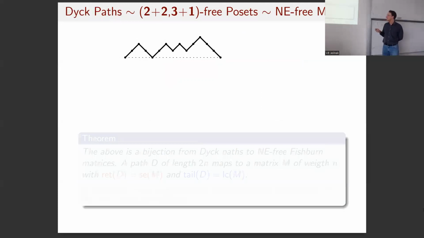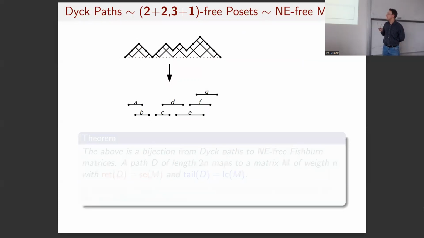And it works actually quite similarly for 2 plus 2 and 3 plus 1 free posets and northeast free matrices. The only difference really is that instead of tunnels, I now define what some people call bounces. So I start in the middle of an upstep, I go diagonally down, I bounce off the x-axis and go up, and I end up in the middle of a downstep. So for every Dyck path, I can build a collection of these hook-shaped bounces.